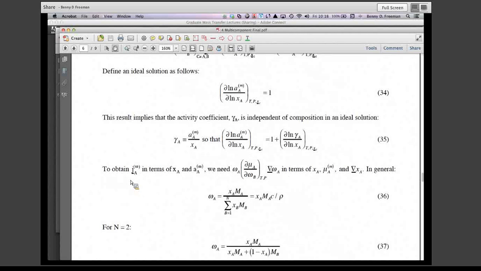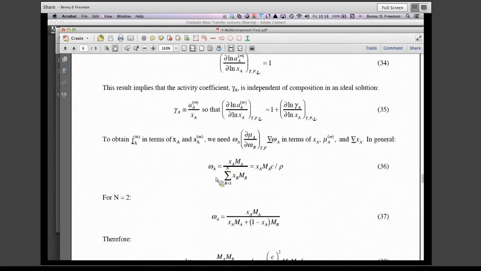So to obtain the mass flux in terms of mole fraction and the activity based on a molar basis, we need to relate these mass fraction driven concentration gradients to mole fraction basis, and we do that by using the definition of mass fraction and the relation between mass fraction and mole fraction that is shown here.